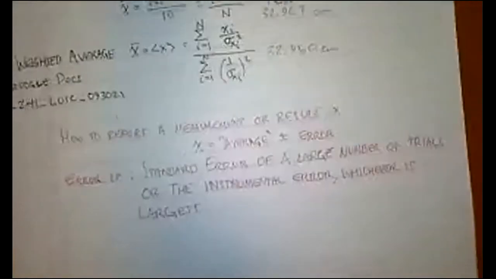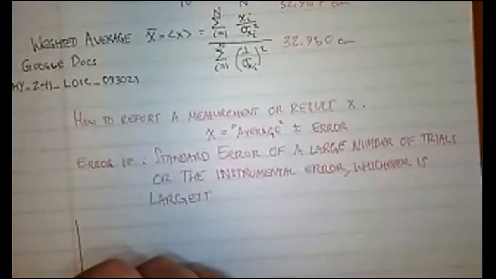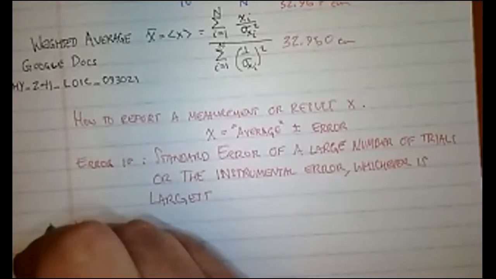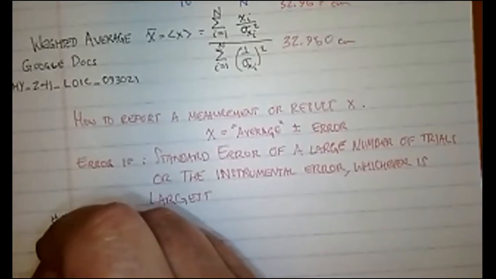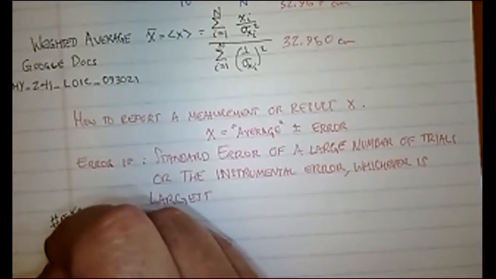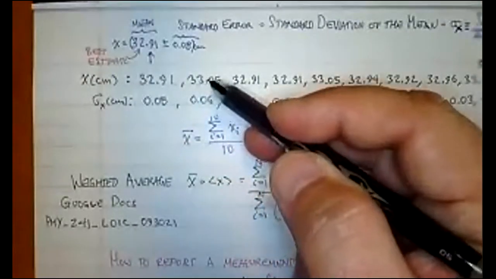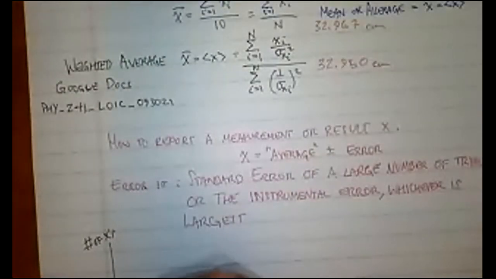Well, if I plotted all that data for all those different X values, and I plotted the number of times 32.91 came up versus the number of times 33.05 came up, and so forth, then I'd get something that looks a little bit like this, which you guys recognize as a bell curve, right?